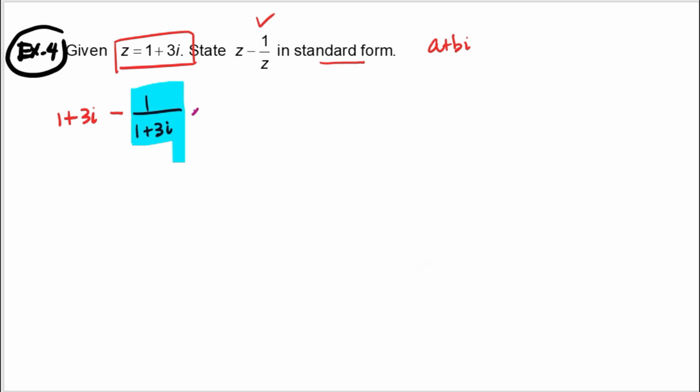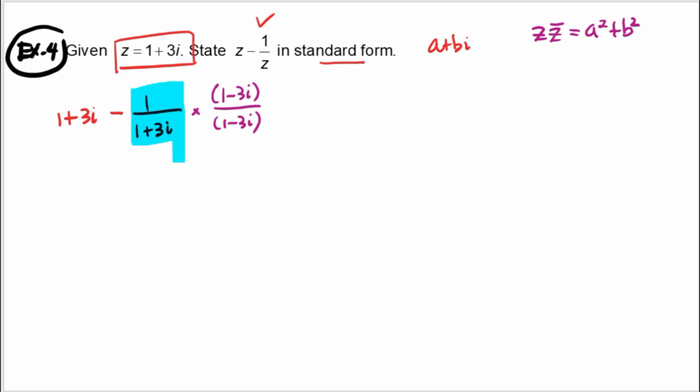What is the conjugate of 1 plus 3i? Of course, 1 minus 3i. Recall that if we multiply z with z bar, we will have a square plus b square, meaning we square both the imaginary part and the real part of the complex number.